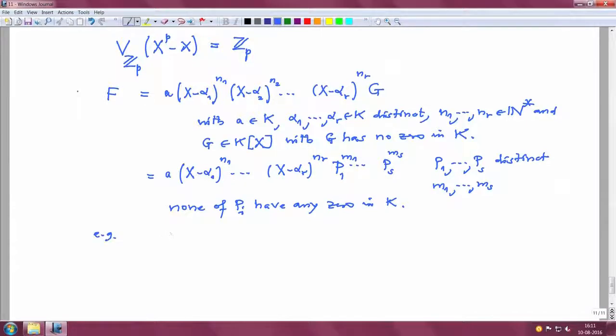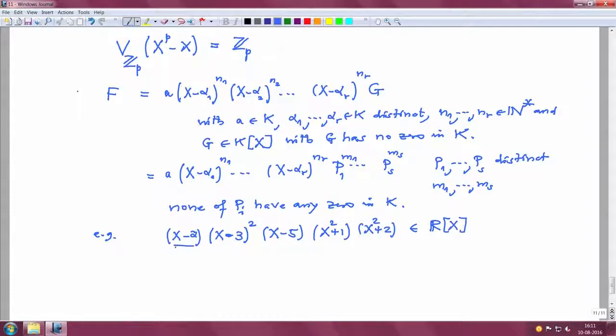For example, one could write an easy example like this. Look at x minus 2 power 1, x minus 3 power 5, x minus 5, then x square plus 1, x square plus 2. Think of this as a polynomial with real coefficients.